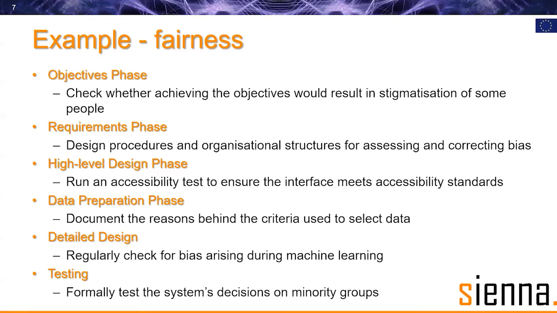Once you come to collect the data, what we know is that as well as bias being within data, sometimes the problem is inappropriate data was selected. Sometimes too much data is selected, or the data that's selected doesn't match the purpose for which it's going to be used. So one of the things we're saying is document the reasons that you used to determine what data would be selected.